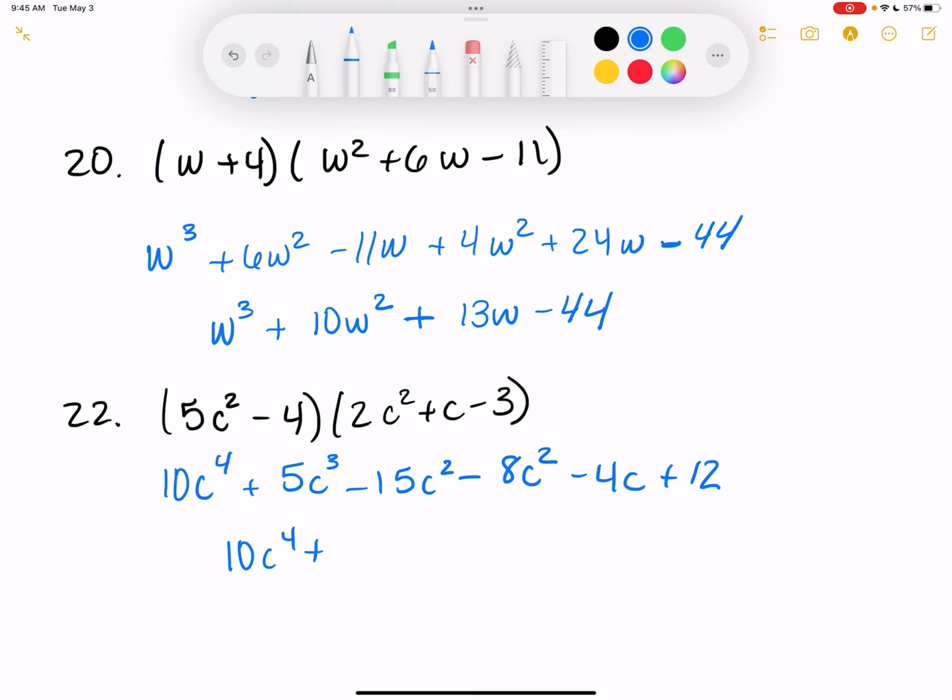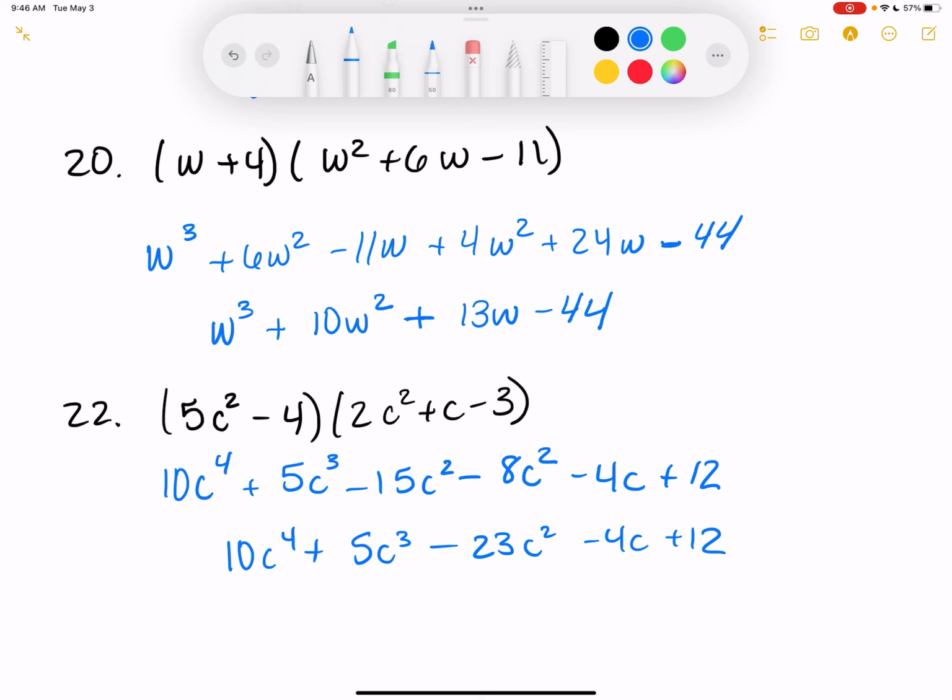So 10C to the 4th, plus 5C to the cubed, minus 23C squared. Oh, you already wrote it down. Oh my gosh, I feel so slow.